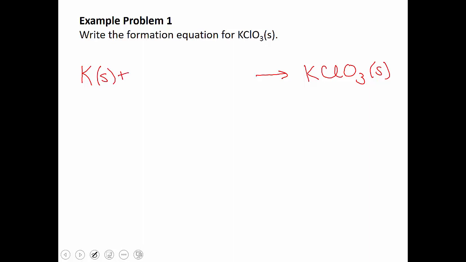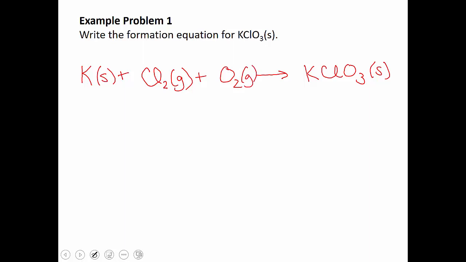Chlorine we know is diatomic, so all of our diatomic elements are gaseous, except for iodine, which is a solid, and bromine, which is a liquid. And actually, bromine and mercury are the only two elements that are liquid in standard state. Our other element is oxygen, which is also diatomic.